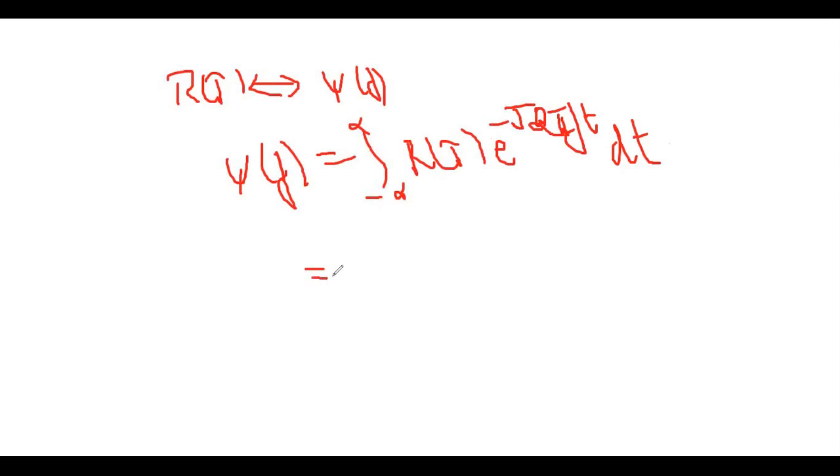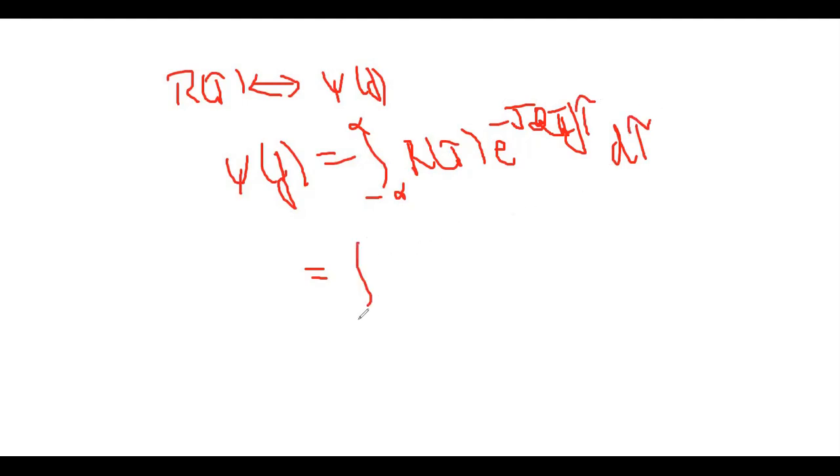What is R of tau? It is a Fourier transformation relation. Because it is R of tau, don't put a t here, my dear students. It is also tau only, with respect to d tau.